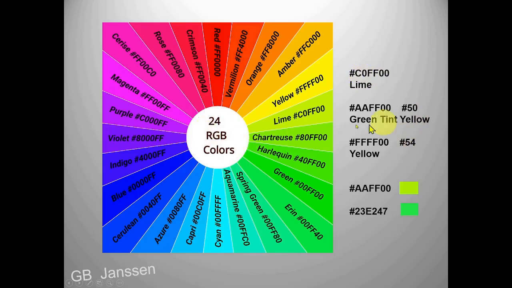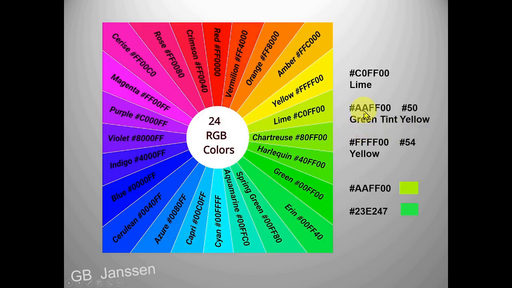So here's the closest ones to it, number 50 or 54. This is AAFF00, green tint yellow, and this one's FFFF00. The C0 falls in between both of them, and I've never seen the code, but CoCoSC, the best I can determine, picks out the one closest to it.